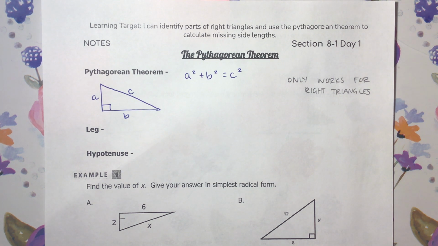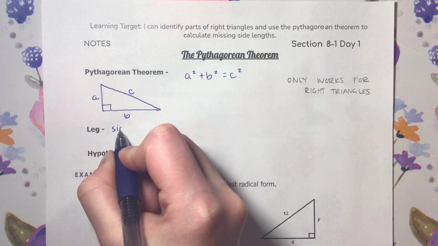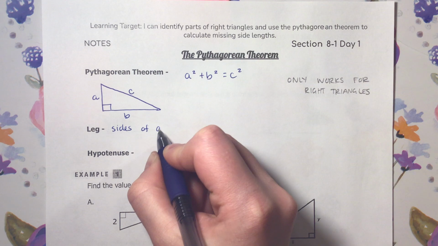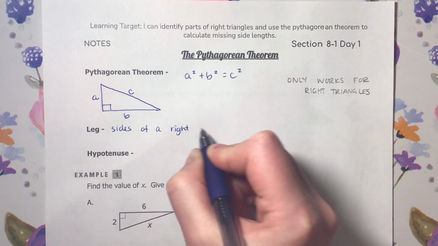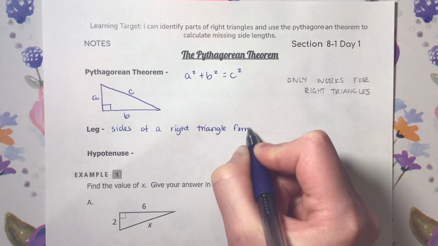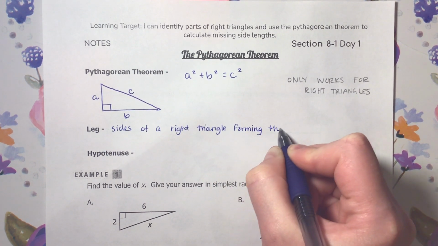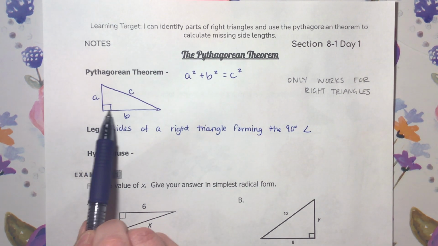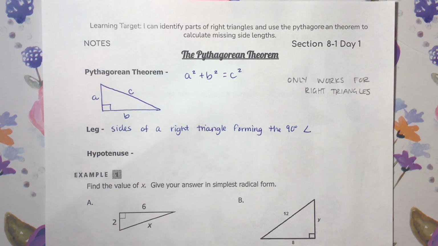A leg is one of the sides of a right triangle forming the 90-degree angle. So this side and this side form this 90-degree angle right there.